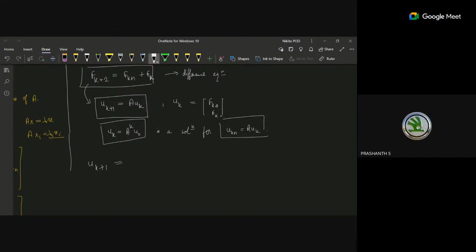Anyone? A^{k+1} u_0. Yeah, that's true. But okay, I was asking in terms of f_k. So this is (f_{k+2}, f_{k+1}).